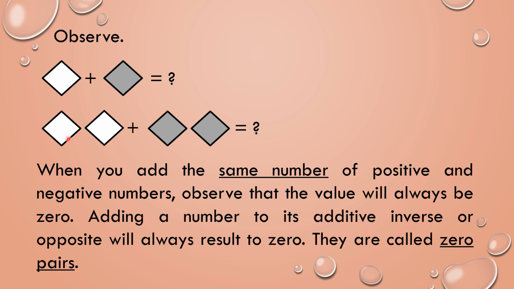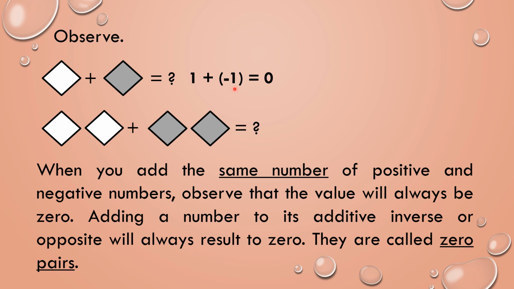So kapag ang bilang ng white diamond o ng positive number ay katulad sa bilang ng negative number or negative integer, ang laging sagot ay 0. Therefore, this will become 1 plus negative 1 is equal to 0. Question: bakit tayo naglagay ng open and close parentheses at nakapaloob doon ang negative 1?